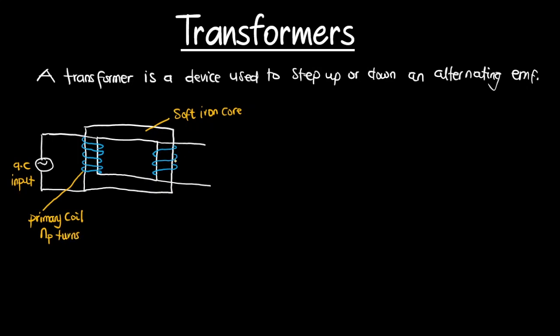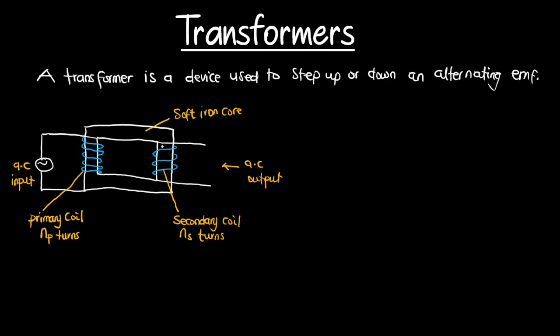Over here we have this. Since this is the primary coil, this is obviously the secondary coil. And then the number of turns is NS, the number of secondary turns. So we have the soft iron core, the AC input, and over here is where we have the AC output.